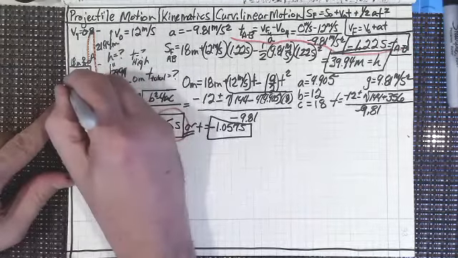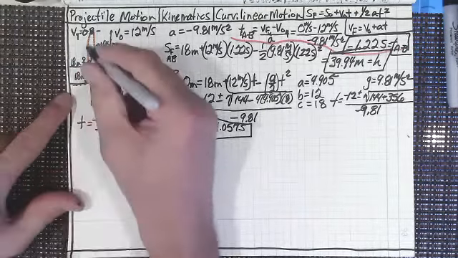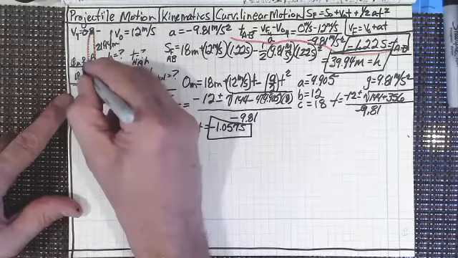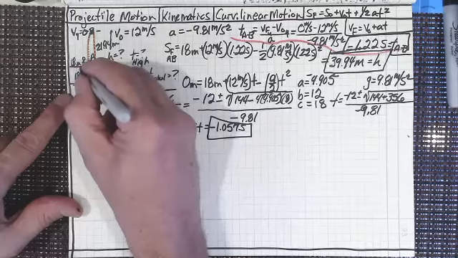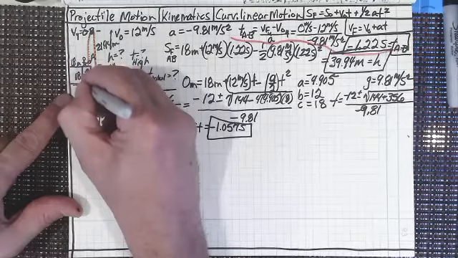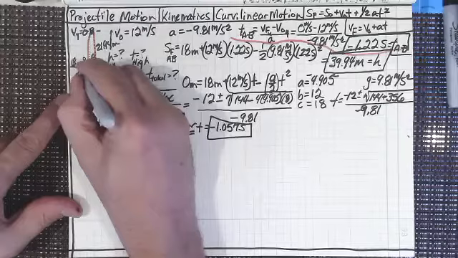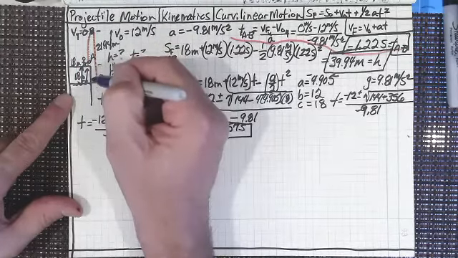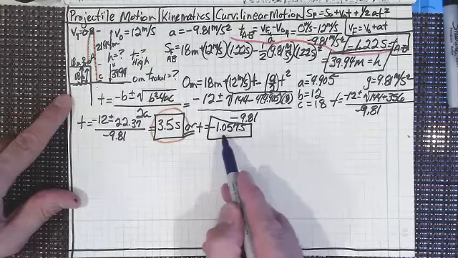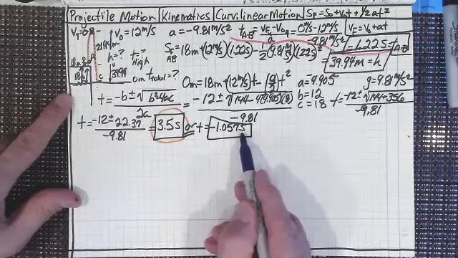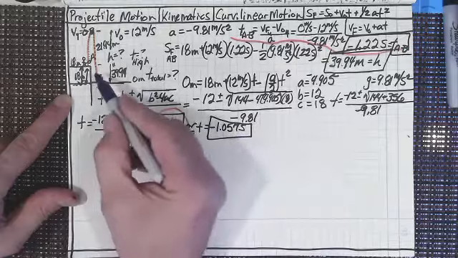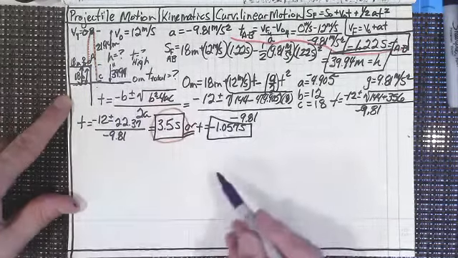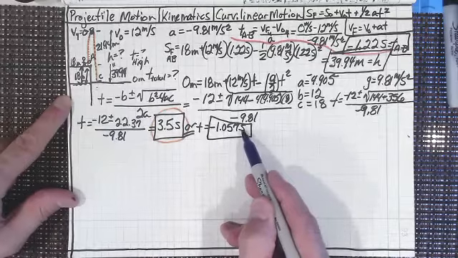That would be if instead of throwing it up and going the whole distance, he was just to drop it off the edge of the cliff, right? Just to go those 18 meters, it would take 1.057 seconds to get to the ground.